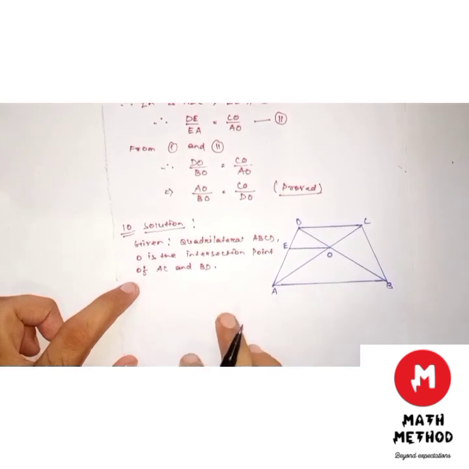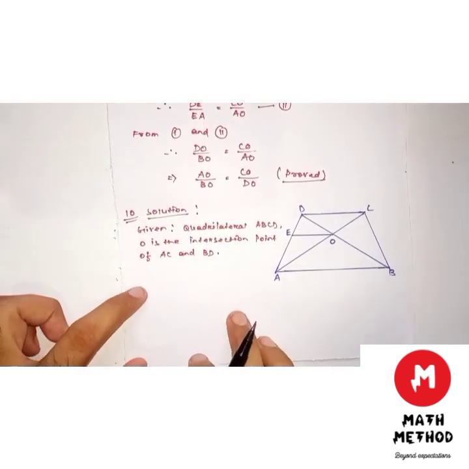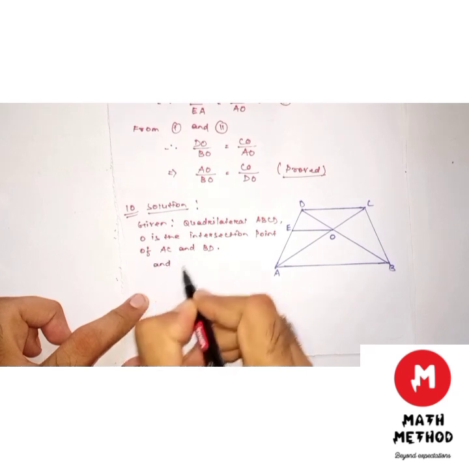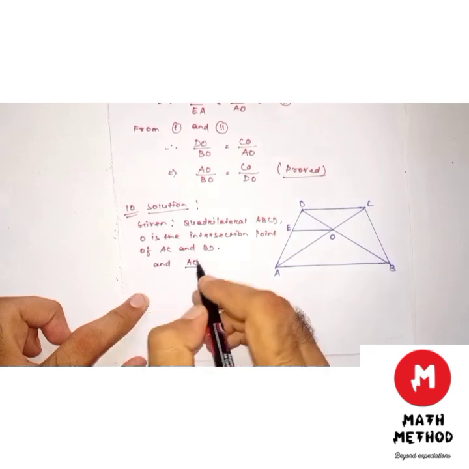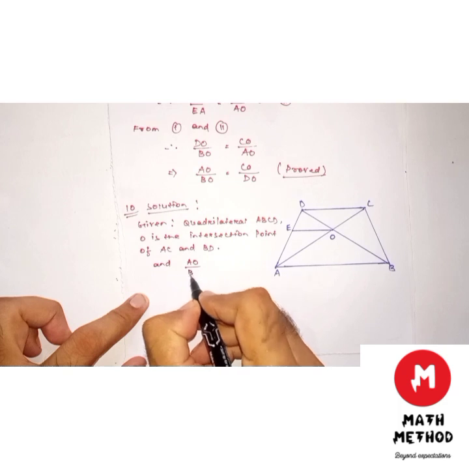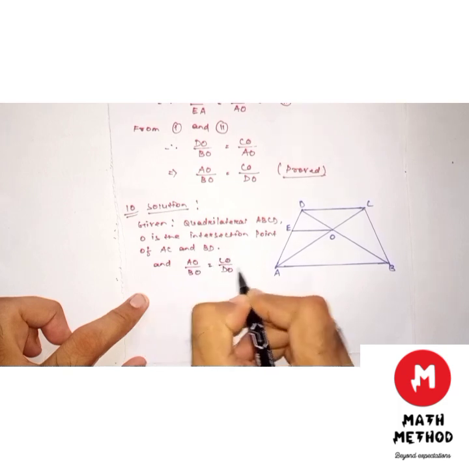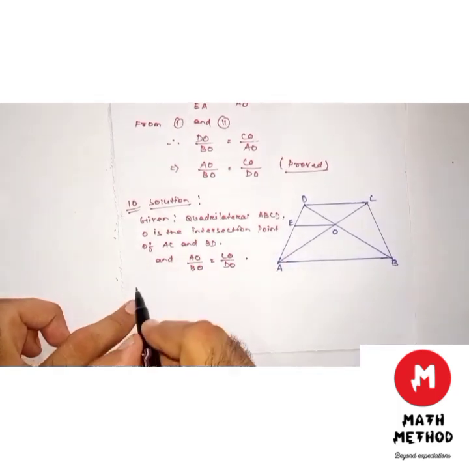This is our given, and also given that AO upon BO is equal to CO upon DO. This is our given. Now we have to prove.